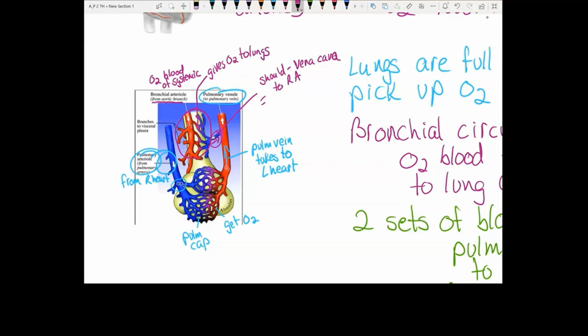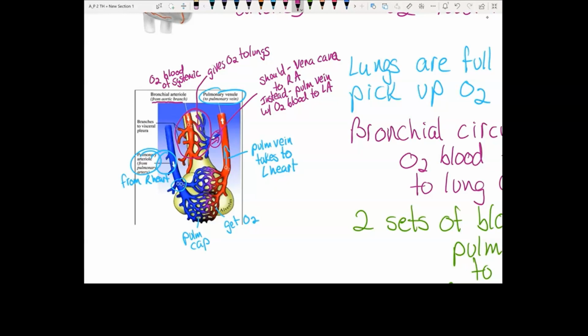But instead, it does this little cheat, and it just goes into the pulmonary vein with the oxygenated blood to the left atrium.